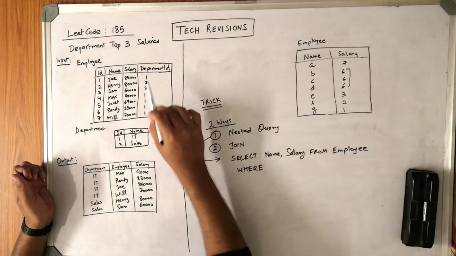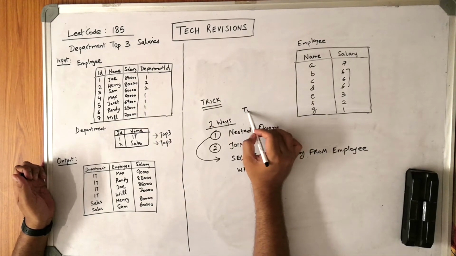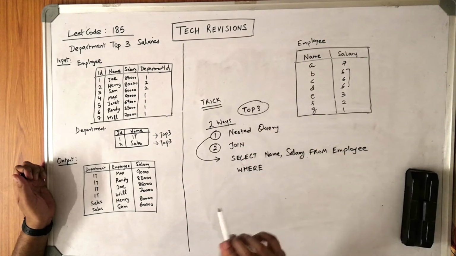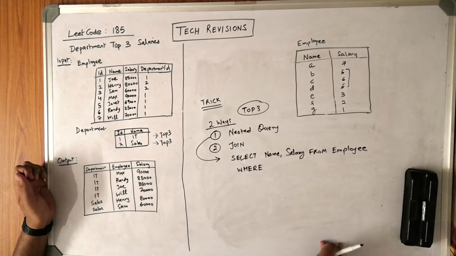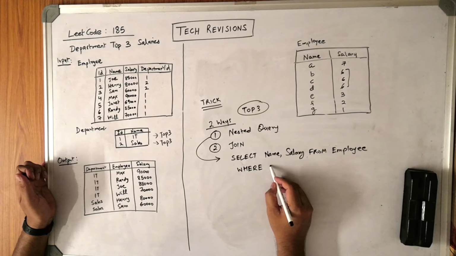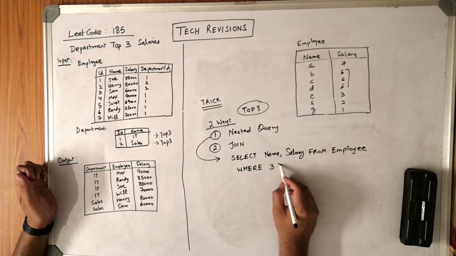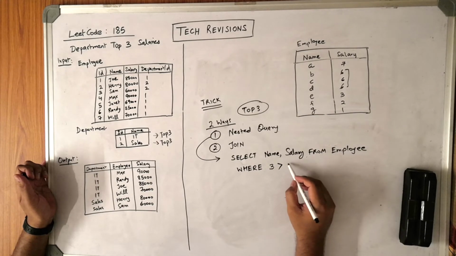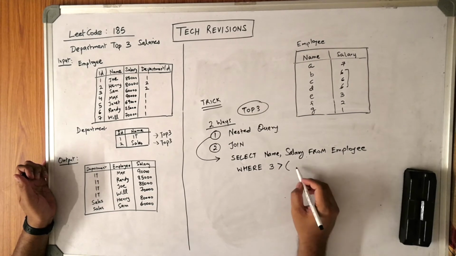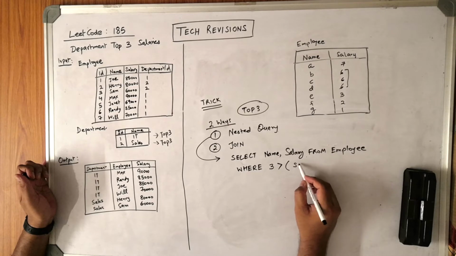We are doing the top 3 salaries, right? Top 3. That is our statement. Where, remember, for the top third, the count was 2. And so what we're going to do is say where 3 is greater than, and we are going to compute that count. So how do we compute that count? Where 3 is greater than, this is the nested query.